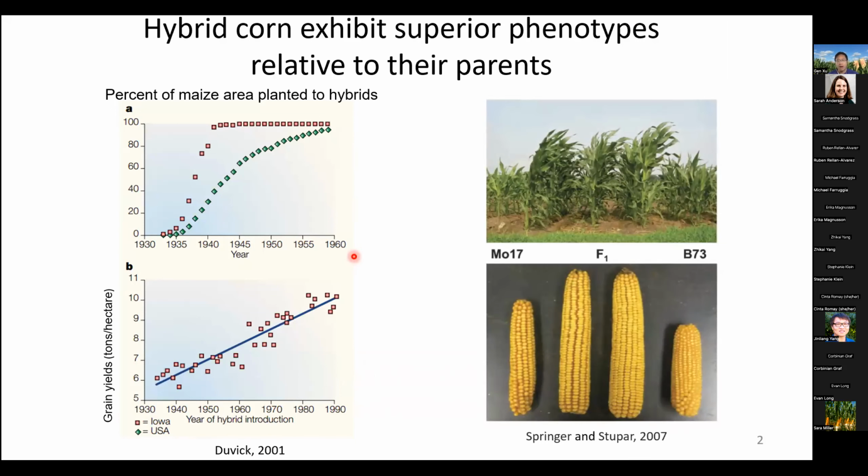Hybrid corn always exhibits superior performance to its parents. Here, the F1 shows a bigger plant architecture than its parent lines, Mo17 and B73, and the F1 also has bigger ears. This phenomenon is called heterosis, also called hybrid vigor.